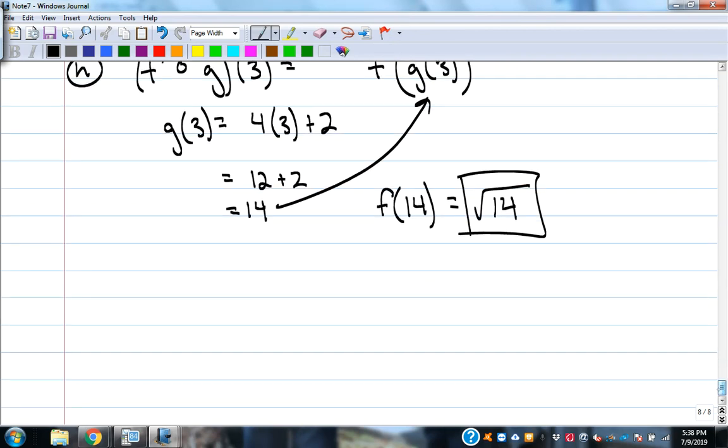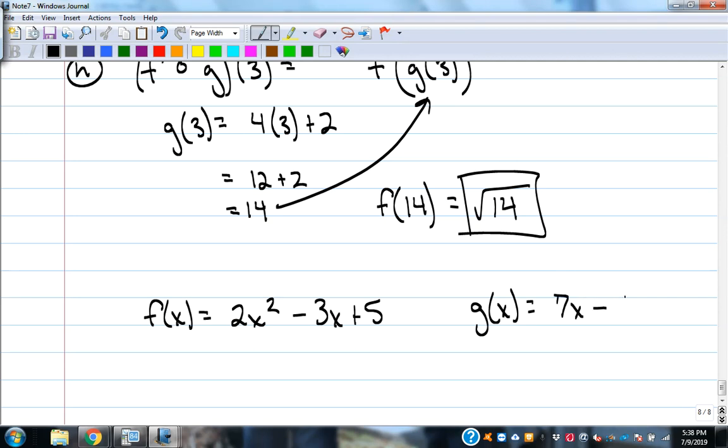Let's take a couple of functions like this. f of x is equal to 2x squared minus 3x plus 5, and g of x is equal to 7x minus 2. Something like that. I know it's going to give me some numbers. Let's say we had f composed with g of negative 1.